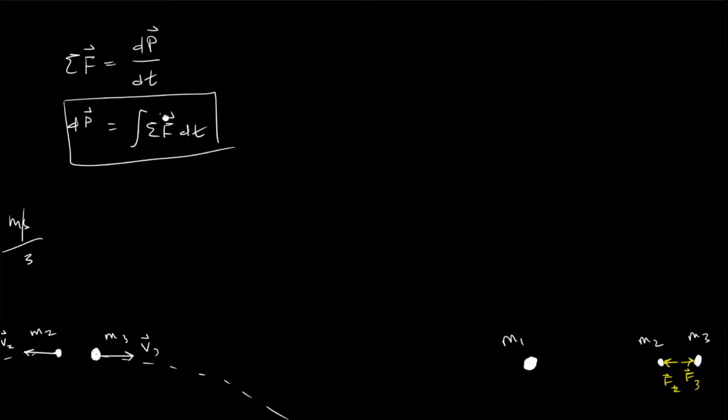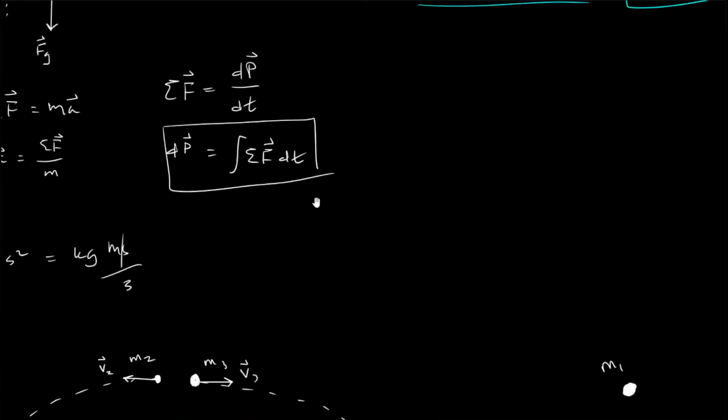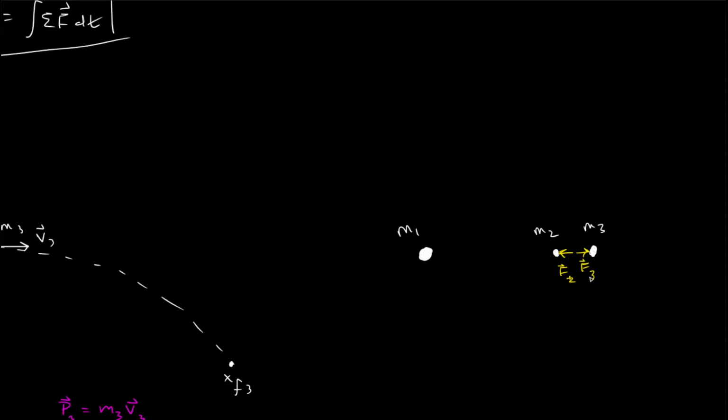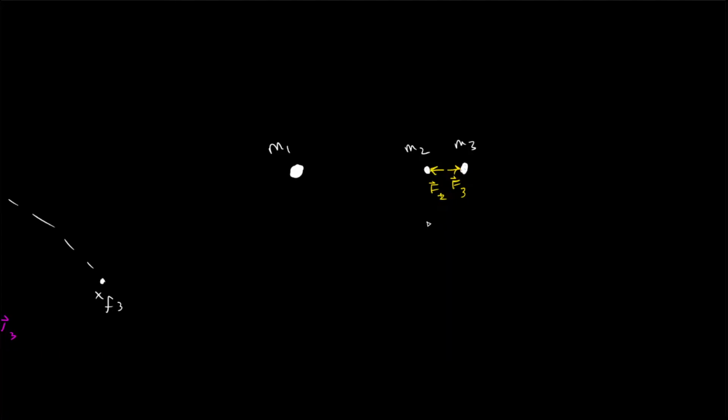So we'll come back up here, say that dP equals the integral of net force over time, except instead of that, we'll be looking at change in momentum from some component of force, which is these forces, and we get the change in momentum during this explosion of M2 equal to F2 times some time, the magnitude, and then F2 is equal to F3 in magnitude, and they're in contact for the same amount of time, equal to the magnitude of the change in momentum of the other mass.